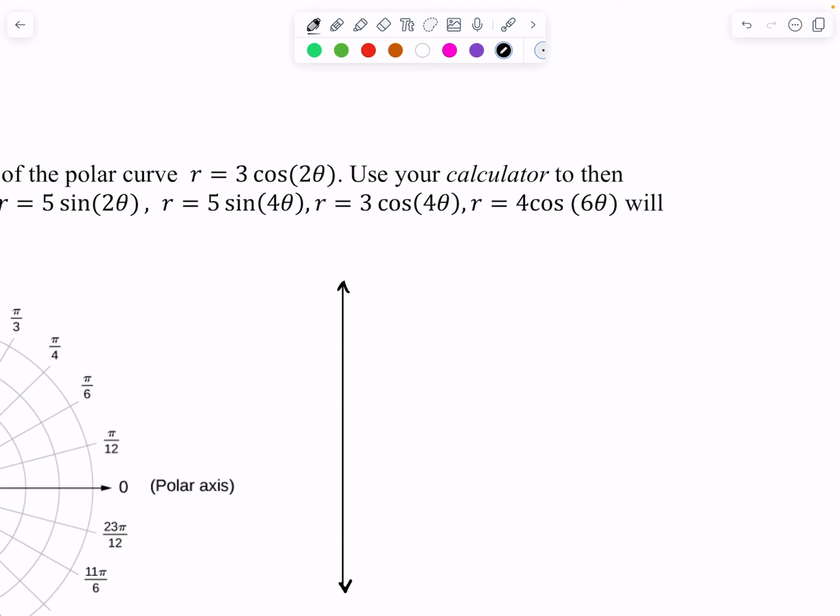So that means that the period would be pi, a horizontal compression by a factor of 2. But I'm going to still graph to 2 pi. So here we go. Pi over 2, pi, 3 pi over 2, 2 pi, and then 3, negative 3.